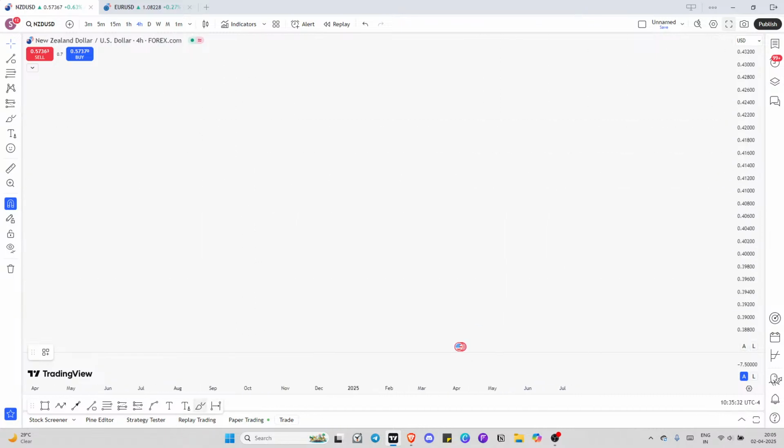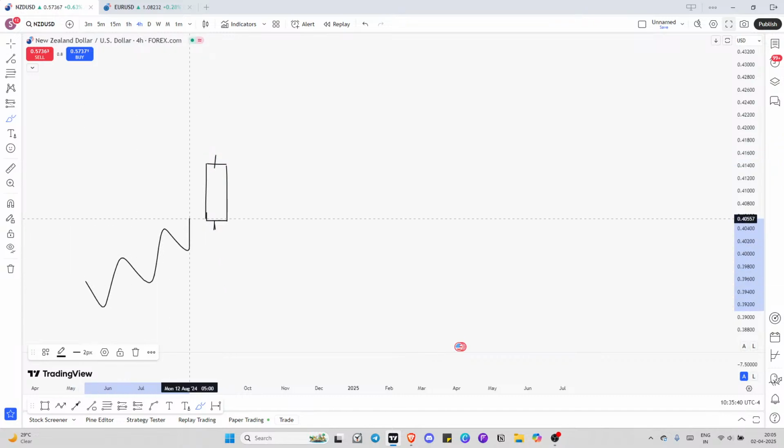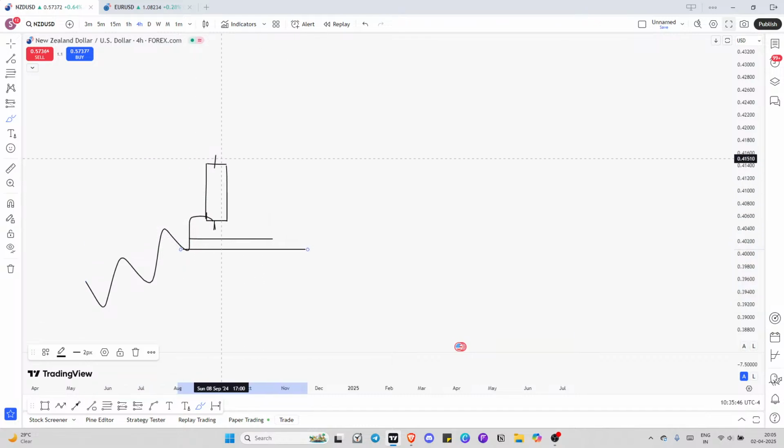So now, why would they target that? For example, we're going long. This is an uptrend, and there's an order block here. They see that this candle is a bullish candle, and they expect the market to go bullish.